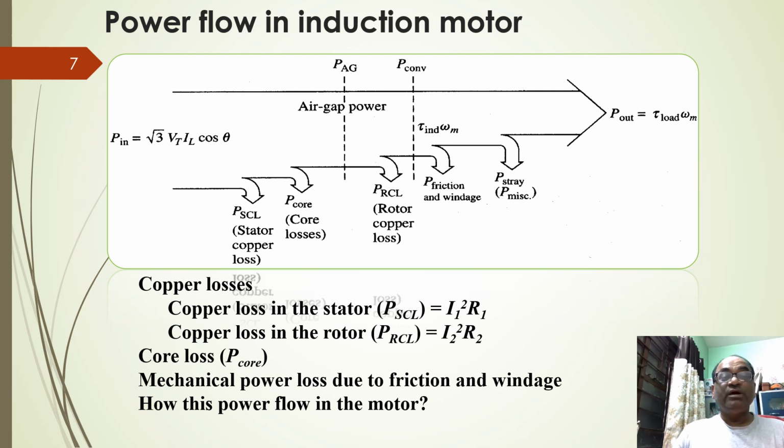So I square R losses are associated with the stator. That is called stator copper loss. Apart from this, the core of the stator also takes some power in order to magnetize, so the power lost in magnetizing the stator core is called core loss.